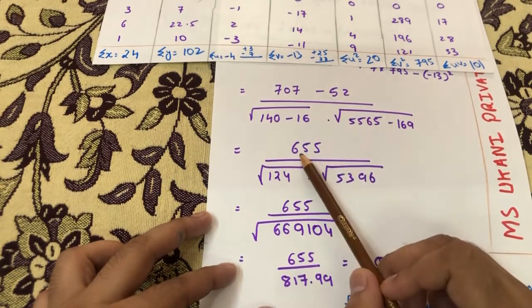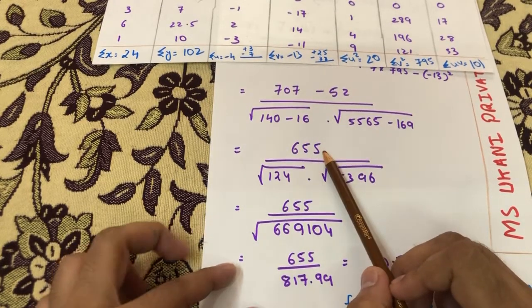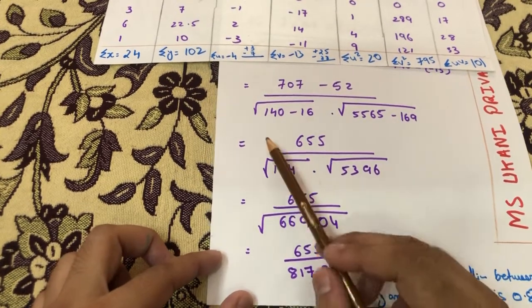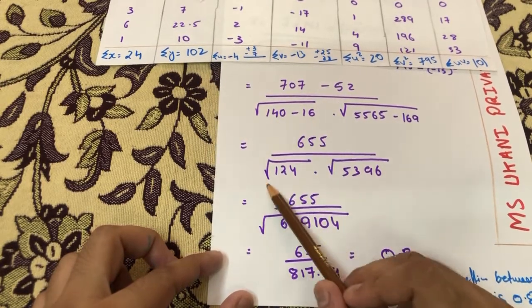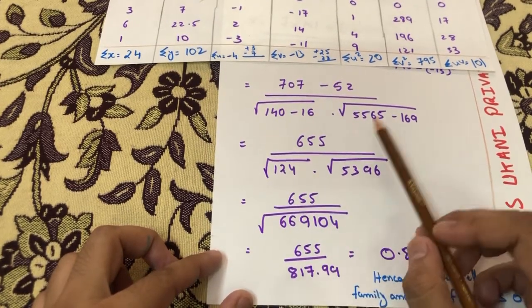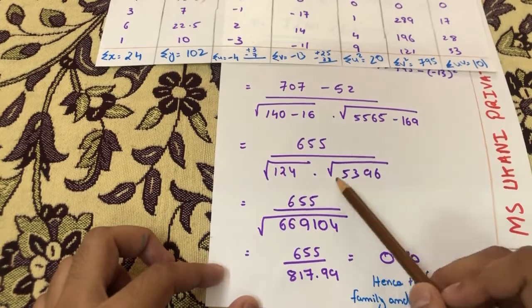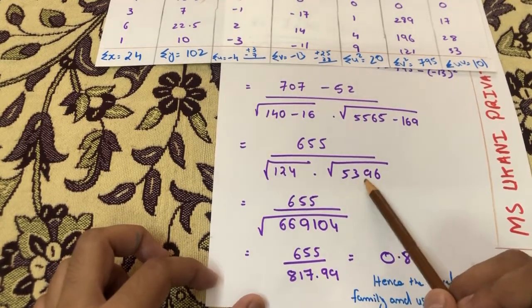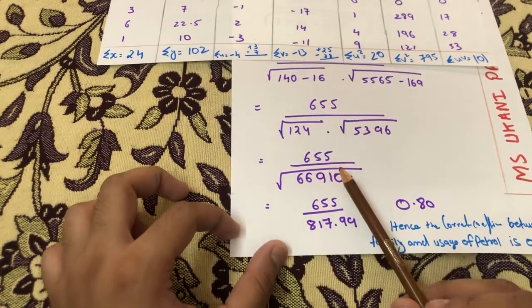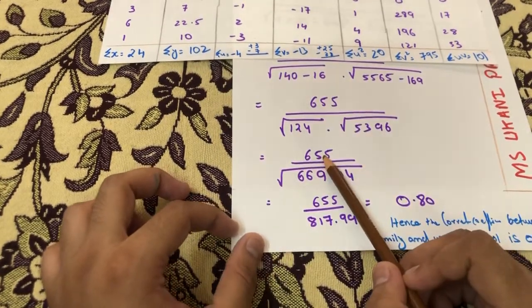707 minus 52, that means 655. In the denominator, 140 minus 16, that is under root 124, multiplied by, if you subtract both these numbers, our answer will be 5396 under root. The next step, 655 should be written as it is.